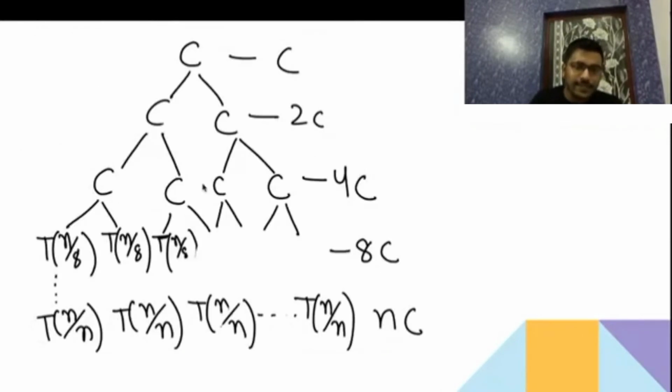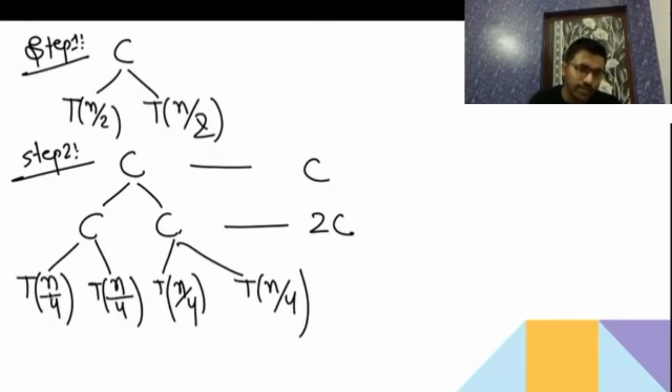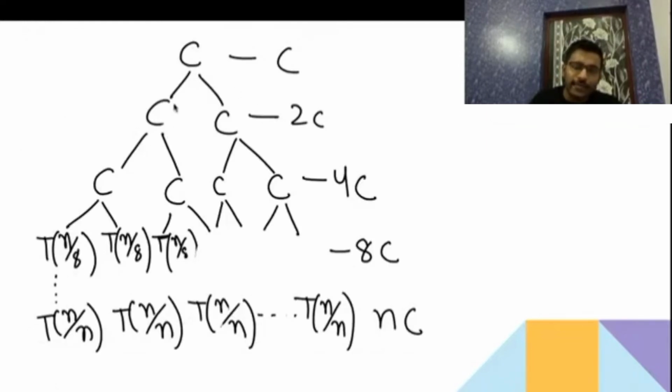Similarly, at this level, if this does constant work, then the size of the problem will become Tn by 8. It will divide by 2. So similarly, we are doing some constant amount of work at every level. Here we did 2c, here we did 4c. So the number with which we are dividing, that many constant work we are doing, 8c.